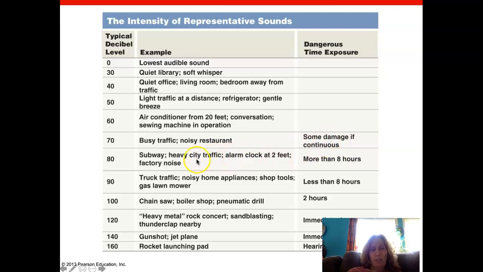Subway, I've heard some incredibly loud subways. I think an hour in that subway would hurt your ears. So you can see how susceptible our ears are to damage. And eventually you can lose hearing. It's cumulative. So I get so angry when I see parents taking their children to very loud concerts without protecting their ears, because they are damaging their children's hearing for the future.